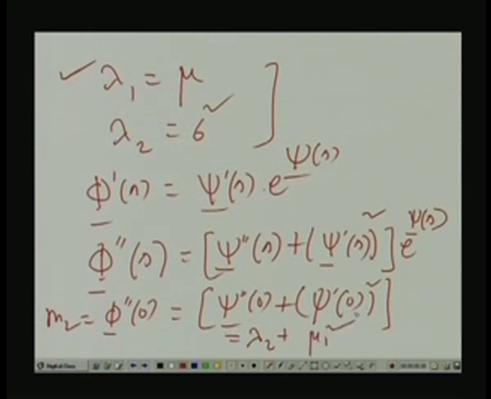So, this is mu 1 square, and we also know that M2 is nothing but mu square plus sigma square. So, if you compare, obviously lambda 2 equal to sigma square. So, this is proved.